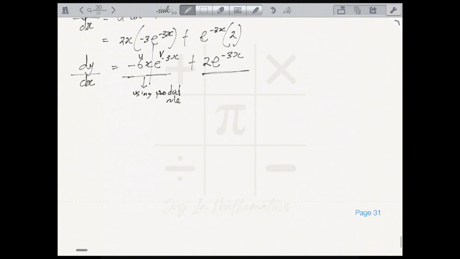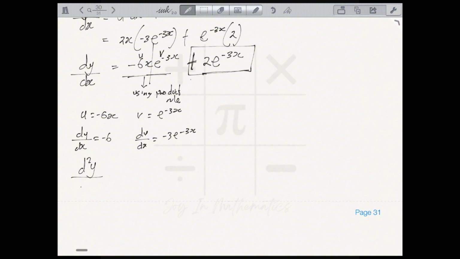If our u is minus 6x and our v is exponential minus 3x, then our du dx is equals to minus 6 and our dv dx is minus 3 exponential minus 3x. So let's apply product rule here and then we will sum it up to this.